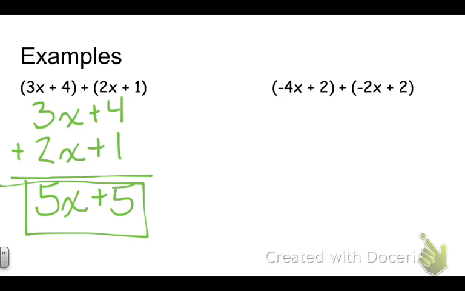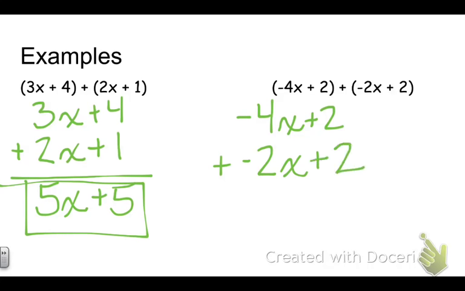Now, the second example might be a little more difficult. We've got negative 4x plus 2, and then we're adding a negative 2x plus 2. Yes, those negatives make things a little bit more difficult. That's why we work so hard at the beginning of the year to get those rules down.